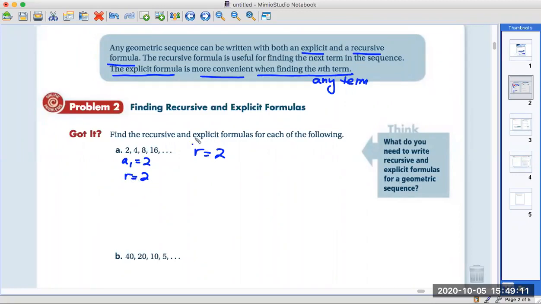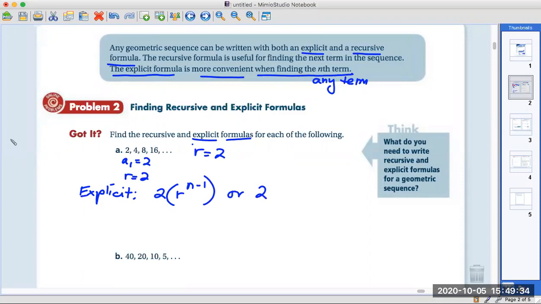So let's do explicit first. With the explicit, you take the first number, then comes a parentheses, then comes the common ratio. You can write n minus 1 inside the parentheses, or I showed you like this earlier.